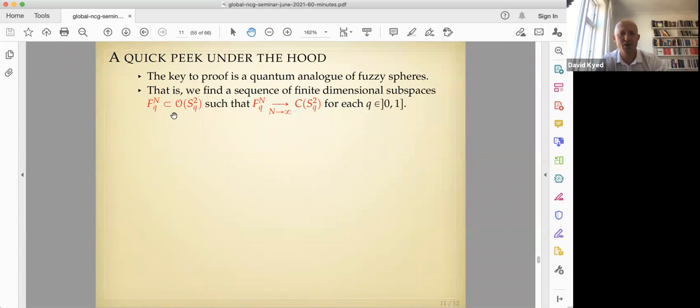And so for each Q, we now have Rieffel's convergence result upwards in the linear dimension.